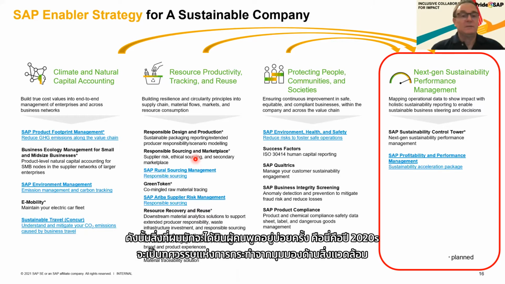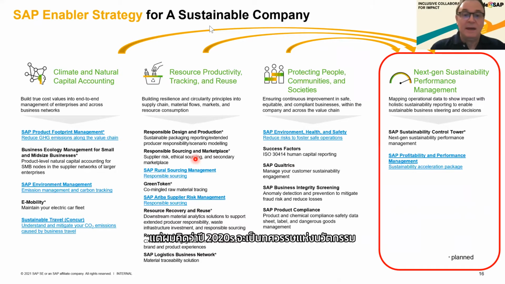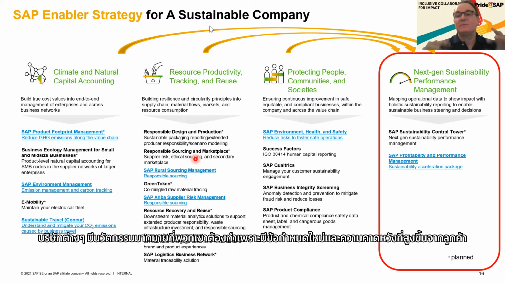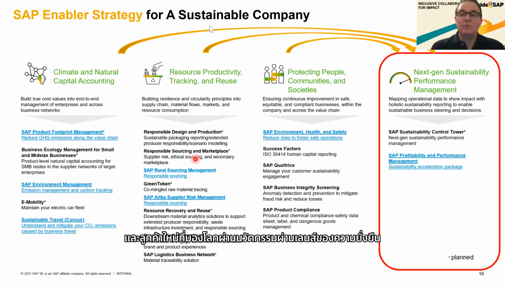What I've often heard people say is that the 2020s are going to be the decade of action from an environmental perspective. I actually think the 2020s are going to be the decade of innovation, because companies have so much innovation to do. There's a whole new set of requirements from their customers, and new customers who are looking at the world through a sustainability lens.